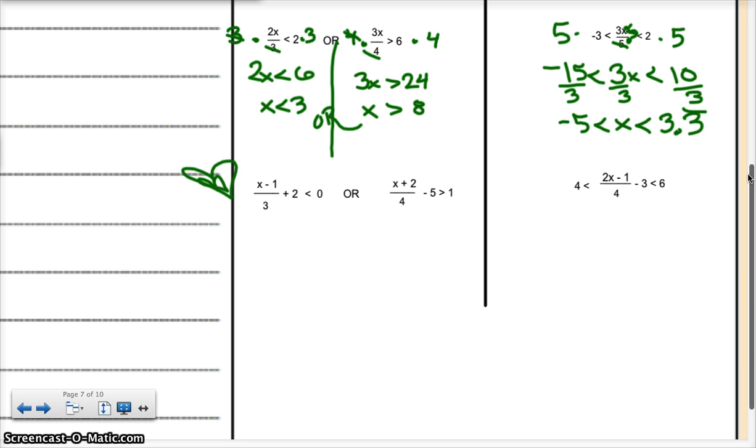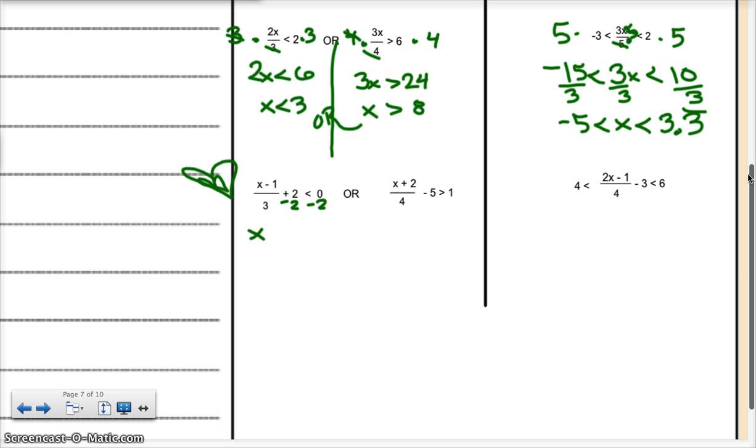I have x minus 1 divided by 3, plus 2 is less than 0. You can only multiply through when all you have is a fraction. So the first thing I need to do is get rid of that 2. You will not get the right answer if you multiply by 3 first.